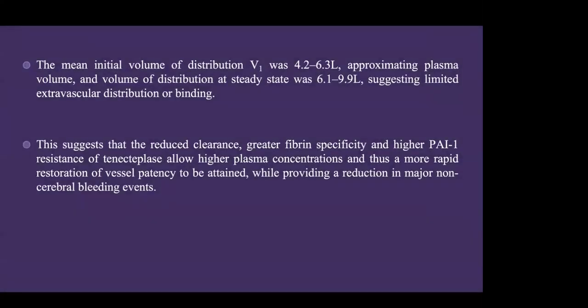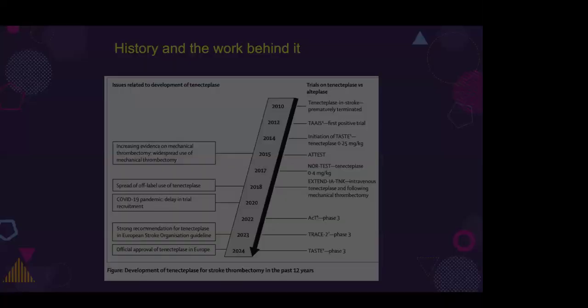The mean initial volume of distribution that was studied in my paper was 4.2 to 6.3 liters, and at steady state was 6.1 to 9.9 liters. Now this means that the extravascular distribution or binding of TNK is limited, thereby decreasing the extracerebral bleeding events, and allowing more rapid restoration of vessel patency to be attained.